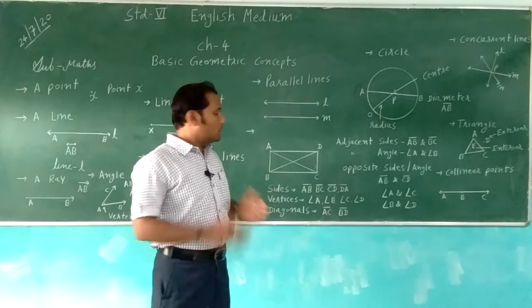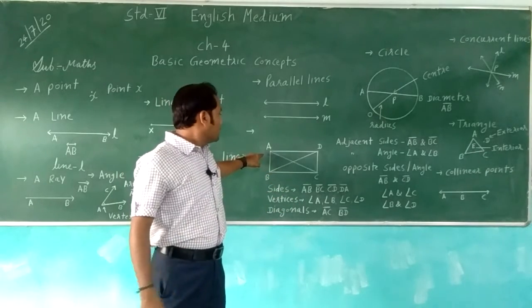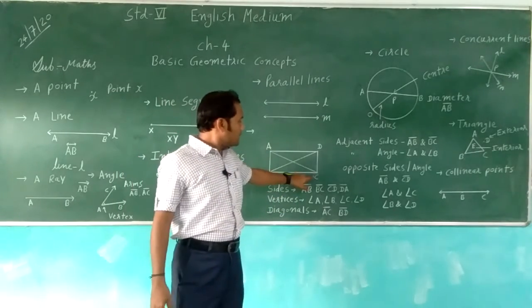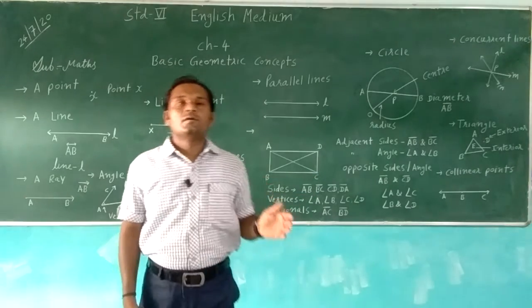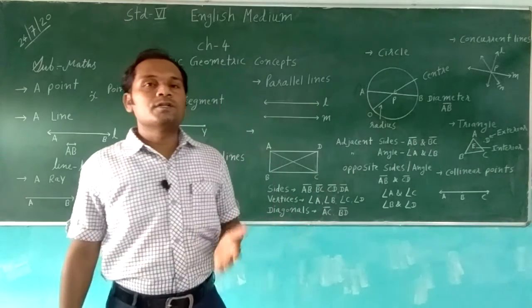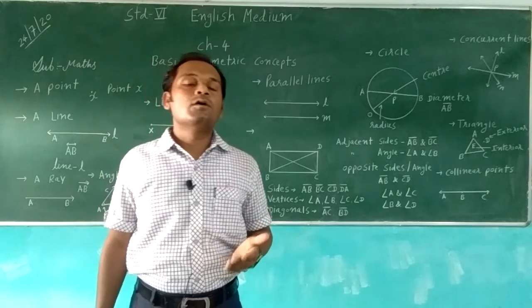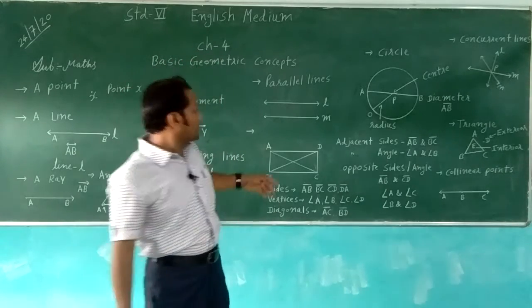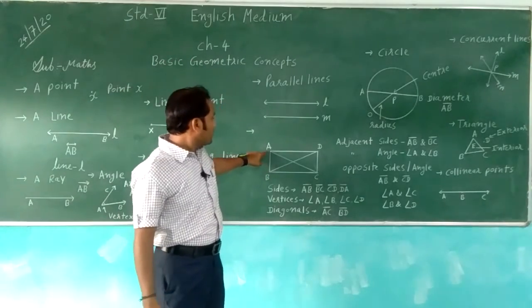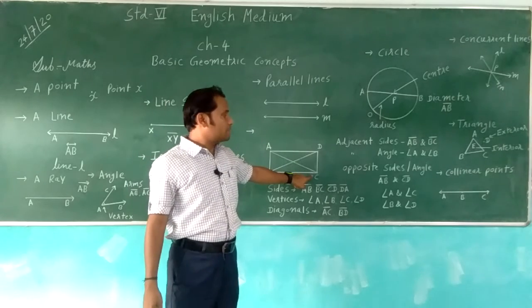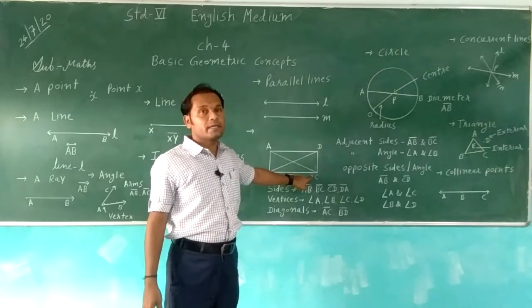Then opposite angles. Angle A and angle C. The angles which are at the endpoints of diagonals are called opposite angles. So here you can see angle A and angle C are opposite angles.